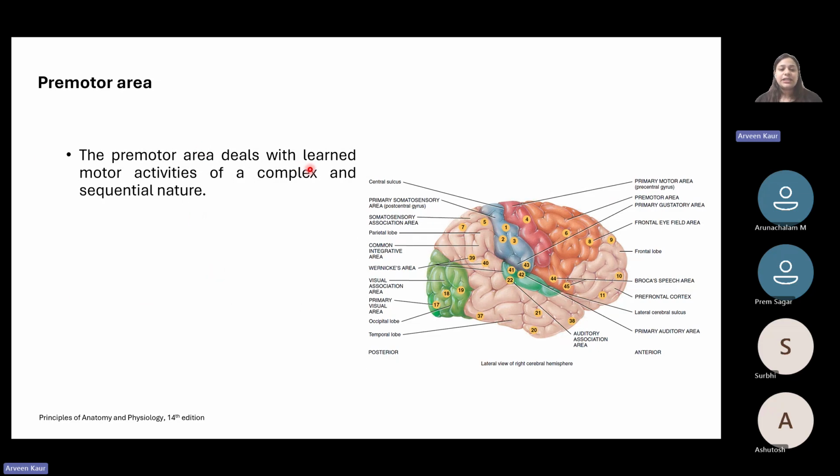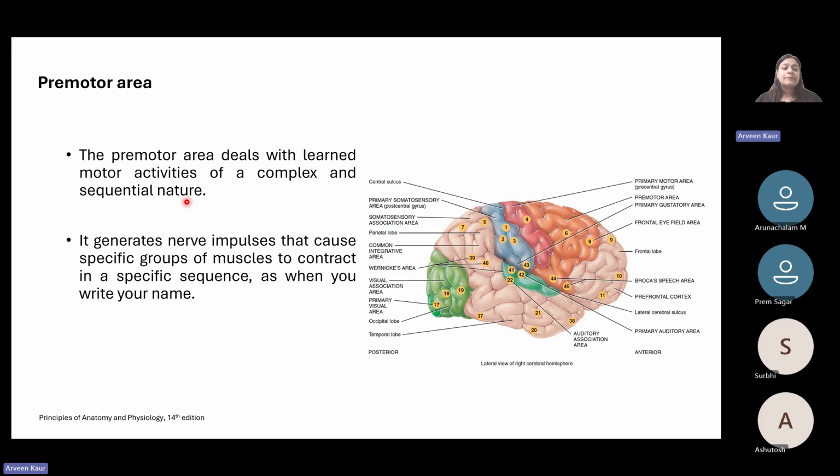The premotor area deals with learned motor activities of a complex and sequential nature, for instance, driving, right? It generates nerve impulses that cause a specific group of muscles to contract in a specific sequence as and when you write your name. Writing your name is also a complex motor activity. Driving, swimming, right, doing some activity. The premotor area also serves as a memory bank for such movements.